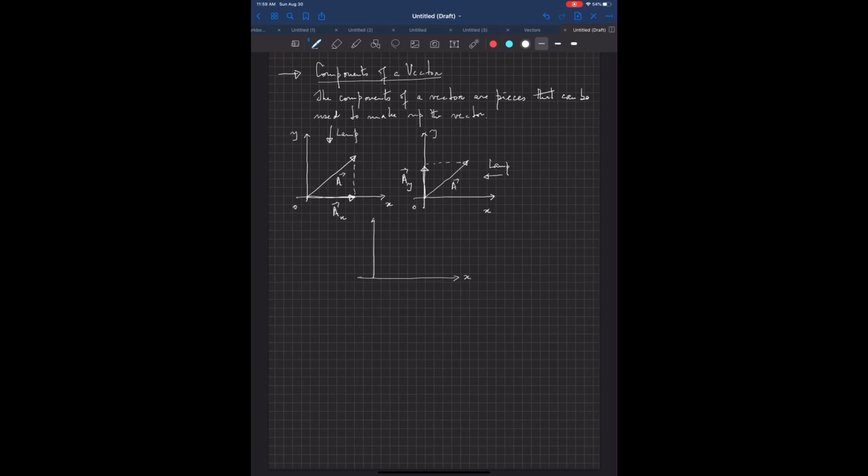This is x, this is y. You can see that if I have this vector A sub x, and I add the vector A sub y, which is this vector A sub y, I put the tail of A sub y at the head of A sub x, and then the vector A is the vector from the tail of A sub x to the head of A sub y.